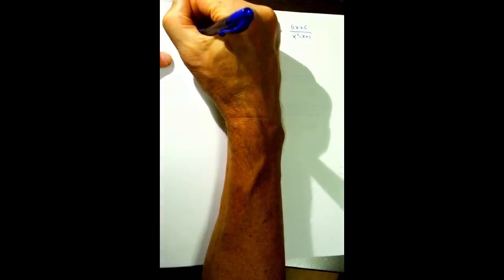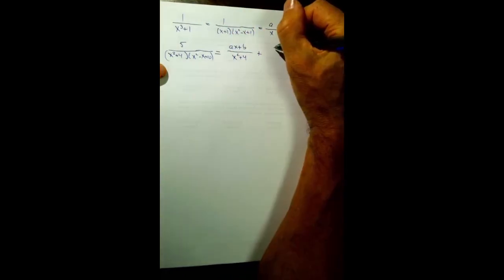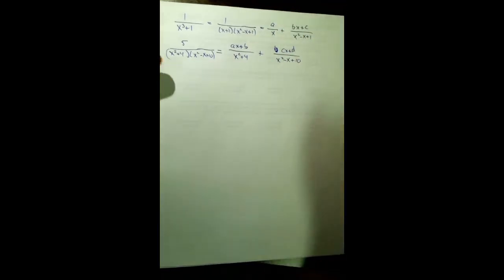If you see something that looks like 5 over x squared plus 4 times x squared minus x plus 10, you should recognize that the first term is going to be ax plus b over x squared plus 4, and the second term is going to be cx plus d over x squared minus x plus 10.